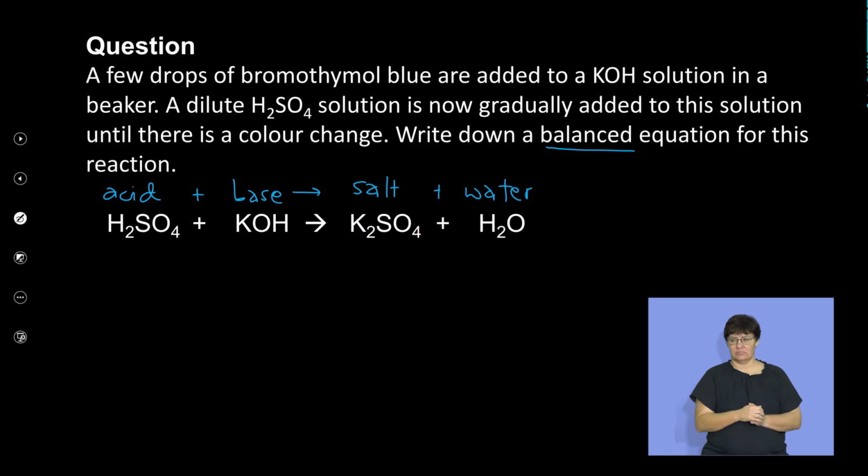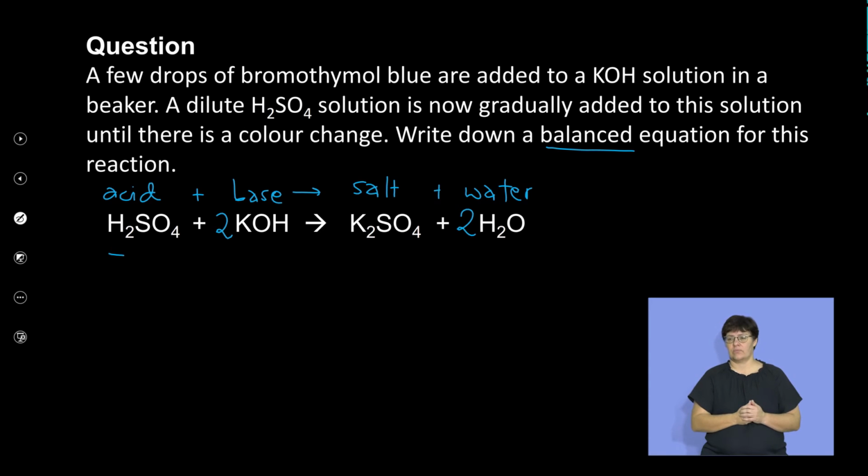Now, if we look at this equation, potassium on the right-hand side is K2, so we need to put a 2 there. And then we check the hydrogen. Hydrogen on the left is 4: 2 from the sulfuric acid, and 2 in potassium hydroxide. Then we can put a 2 there.